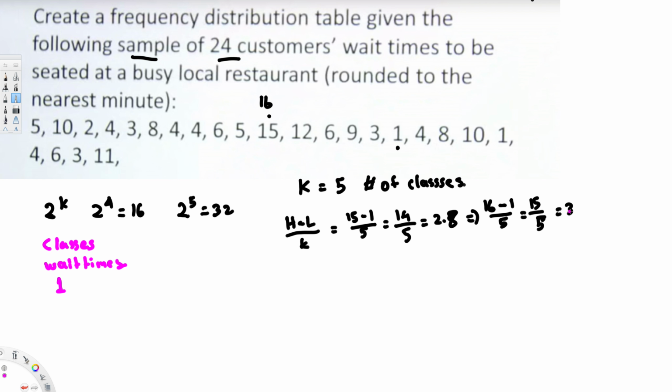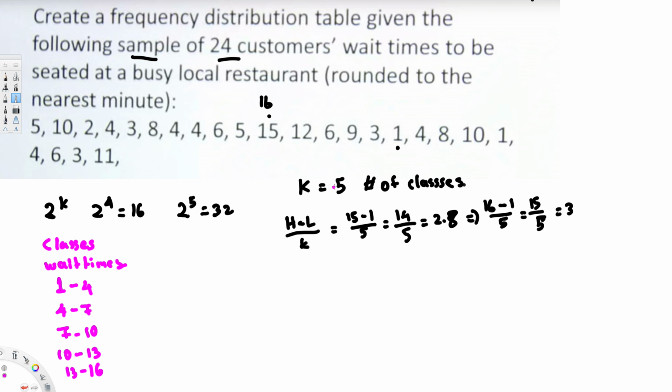Because we have to increase by the range of 3, 1 plus 3 is 4. The next one goes from 4 to 7, 7 to 10, 10 to 13, and 13 to 16. Now we have the 5 classes, right?